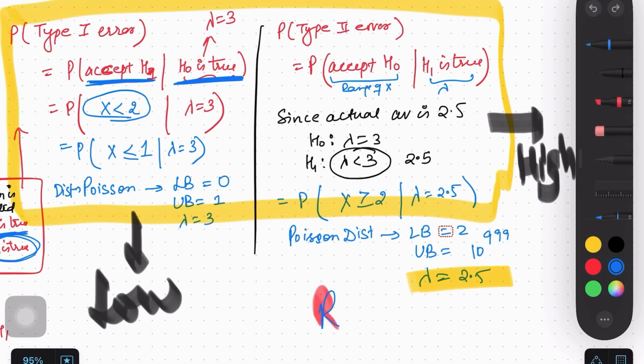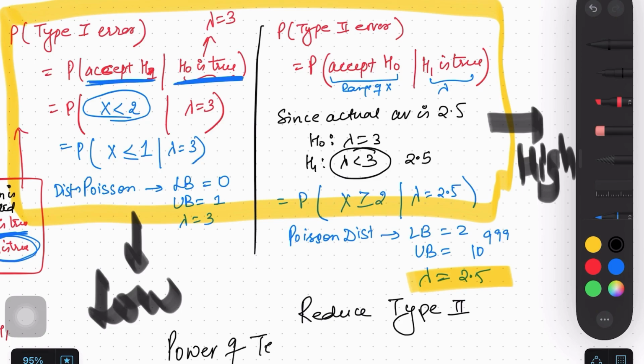Now we will look at, with respect to the average defined in H1, what's the probability for H naught to be true, right? So that's the definition. That means now I'm going to look at the graph of H1. The value at the center, because it's a Poisson, is defined by lambda. So here I have to take lambda less than 3, which in this question means 2.5.